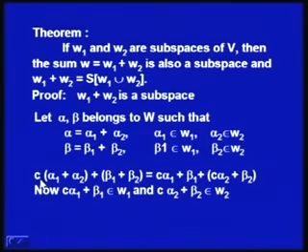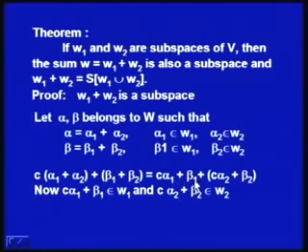So, I write c times alpha plus beta, which is c times (alpha 1 plus alpha 2) plus (beta 1 plus beta 2). Simplifying it, it is (c alpha 1 plus beta 1) plus (c alpha 2 plus beta 2). But alpha 1 belongs to W1, beta 1 belongs to W1 and W1 is a subspace.